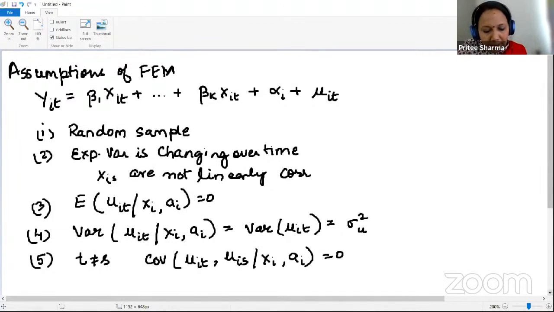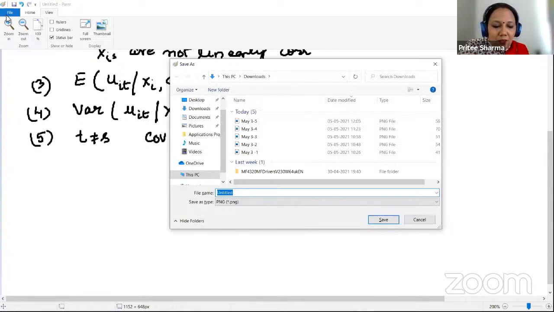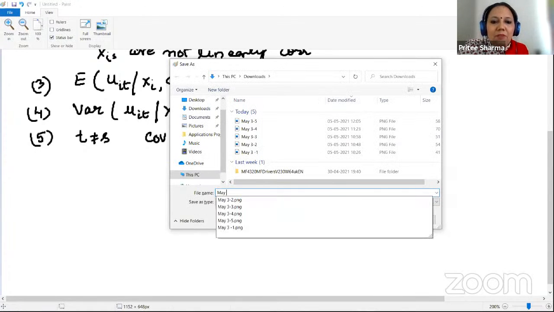Now, before we start with the random effect model, I would like to summarize what we have already done so that you can easily understand where we are going.